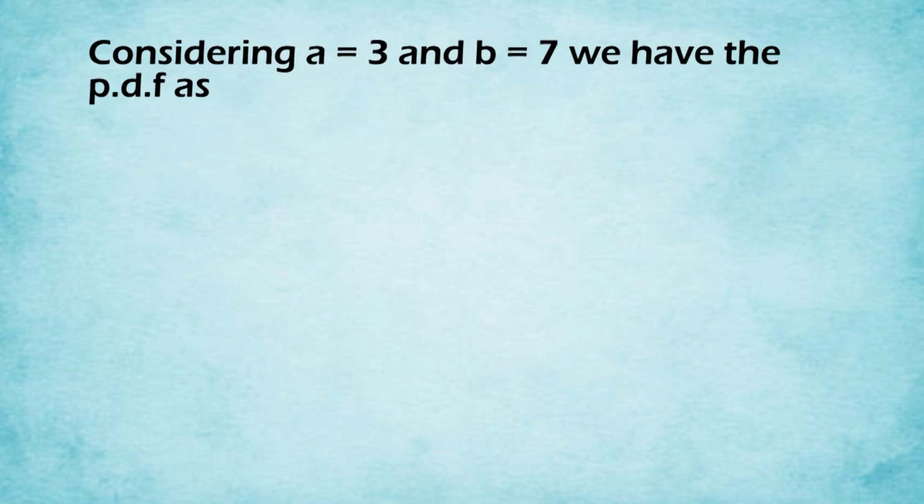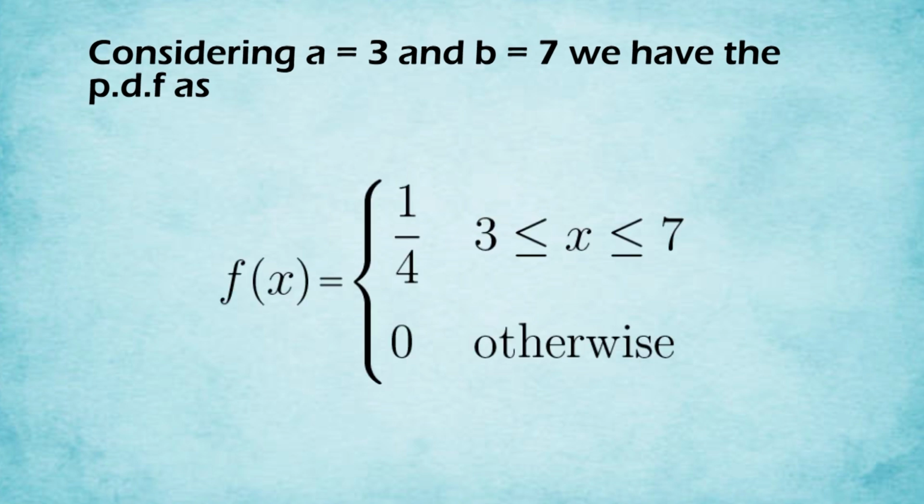Considering a is equal to 3 and b is equal to 7, we have the PDF as f of x is equal to 1 by 4 in the interval 3 less than or equal to x less than or equal to 7, 0 otherwise.